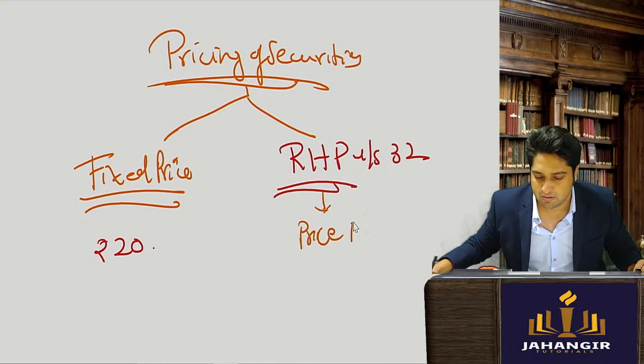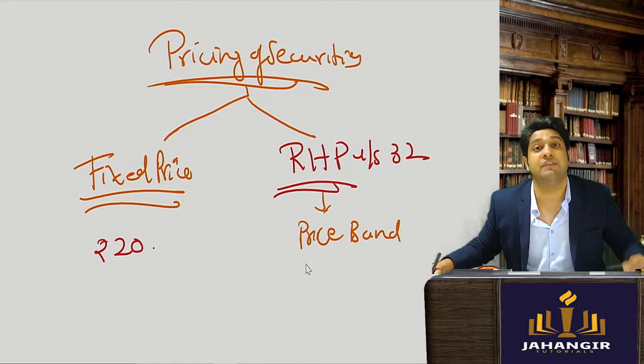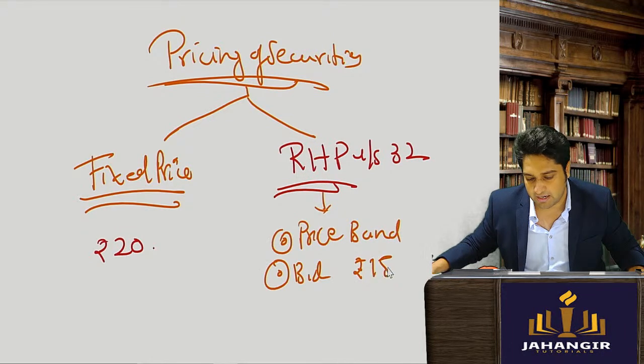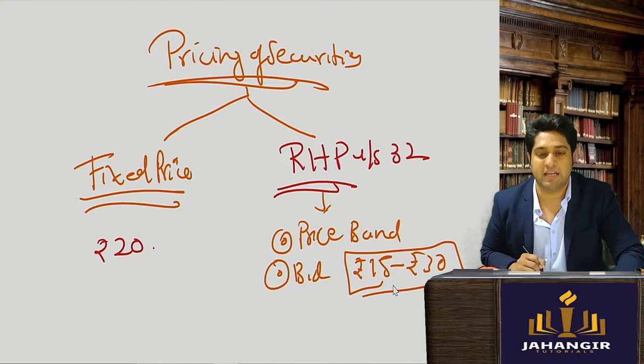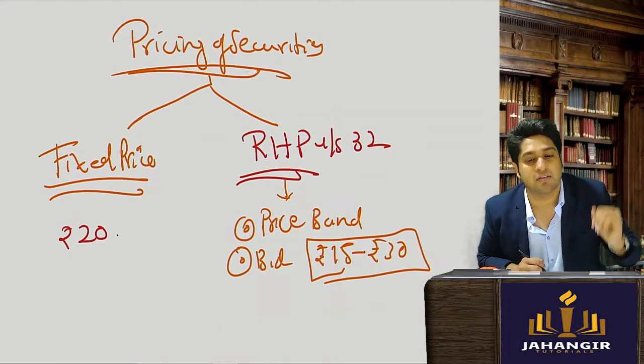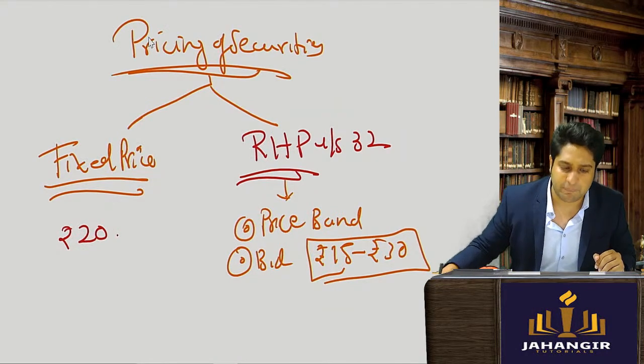It will contain a price band, like we will ask the public to bid between rupees 15 and rupees 30. On the basis of the bids received, we will come to know what the market demand is.